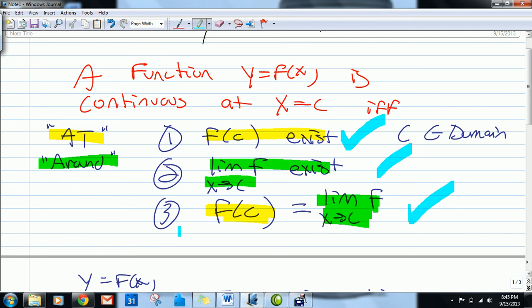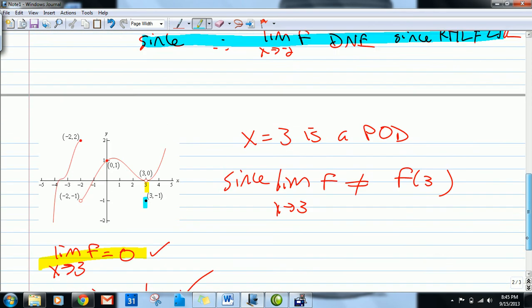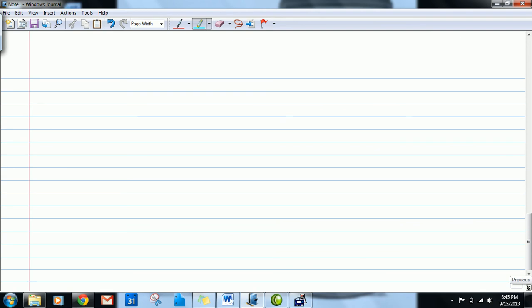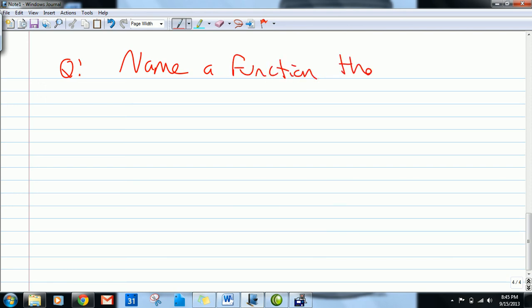Here's what I want you to think about. We'll look at some tangible examples tomorrow. Question. Name a function, any function, that is continuous everywhere.